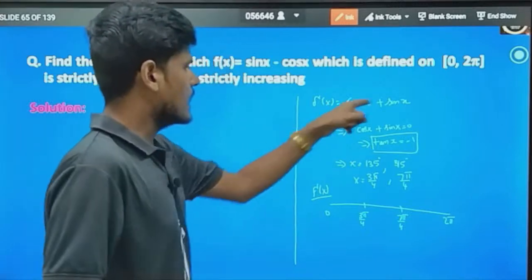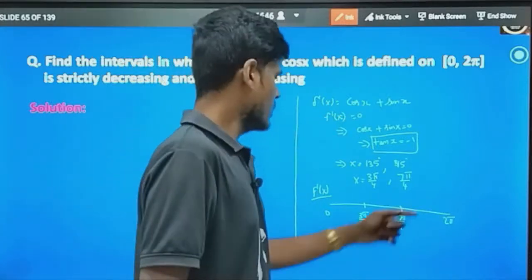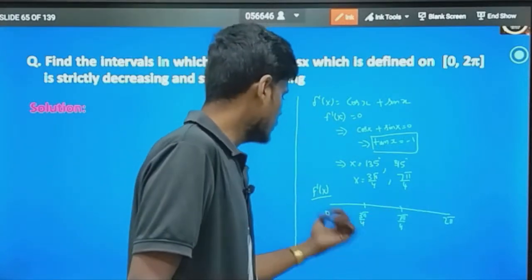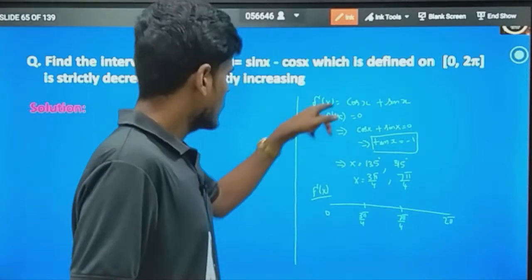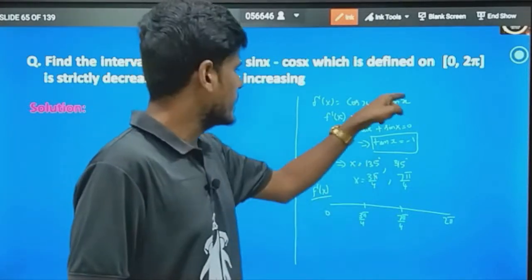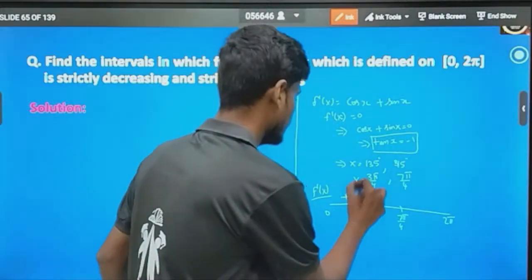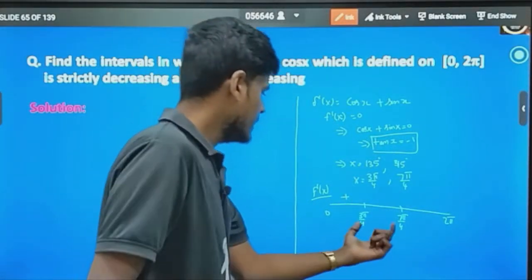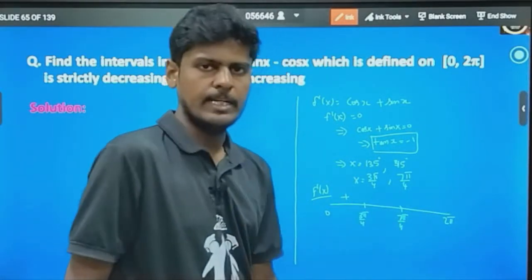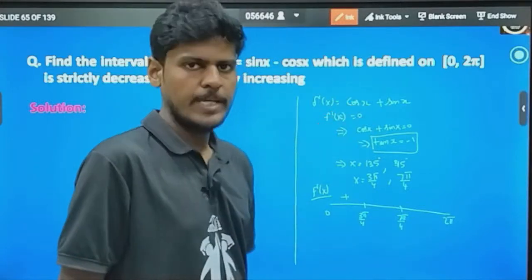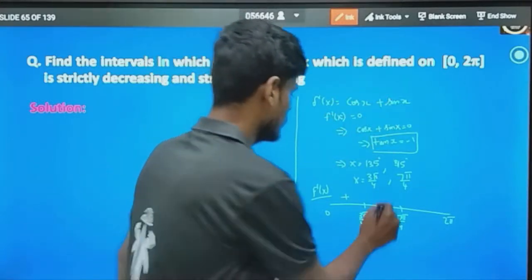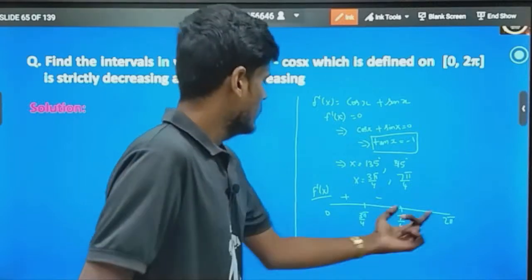What is f dash of x? Cos x plus sin x. Now between 0 to 3 pi by 4 we can take 90 degrees. Cos 90 is 0, sin 90 is 1, that means f dash of x is positive here. Between 135 and 315 we take 180 degrees. What is cos pi? Minus 1, sin pi is 0, so it is a negative number.